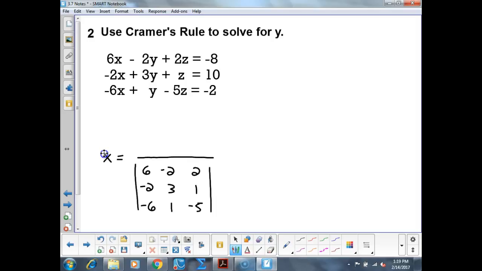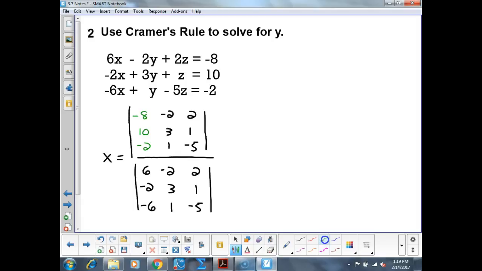If you start with keeping them all in the same spatial arrangement, and then when you write your next two, keep them in the same space, then it's not so bad. Okay. Since I'm solving for x, I'm going to replace the x column, or the x coefficients, with those. And so then that's negative 2 and 3 and 1 and 2 and 1 and negative 5.